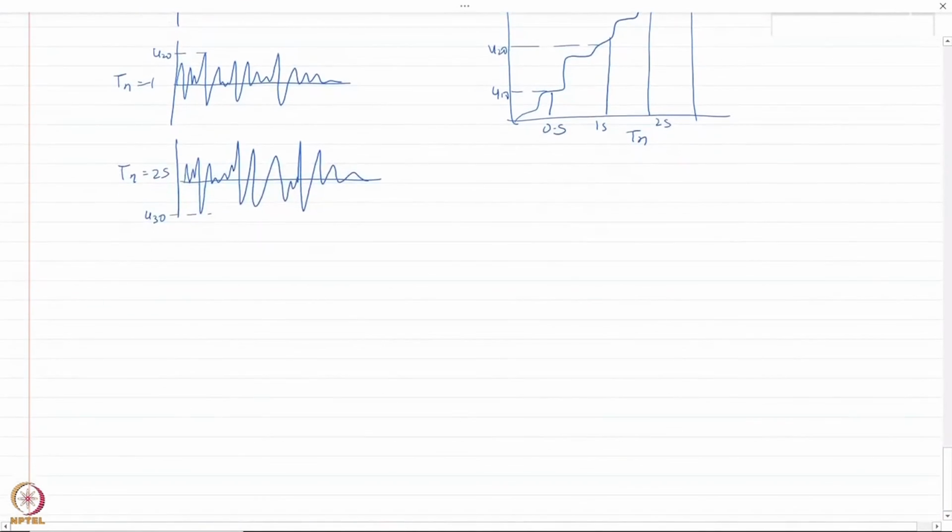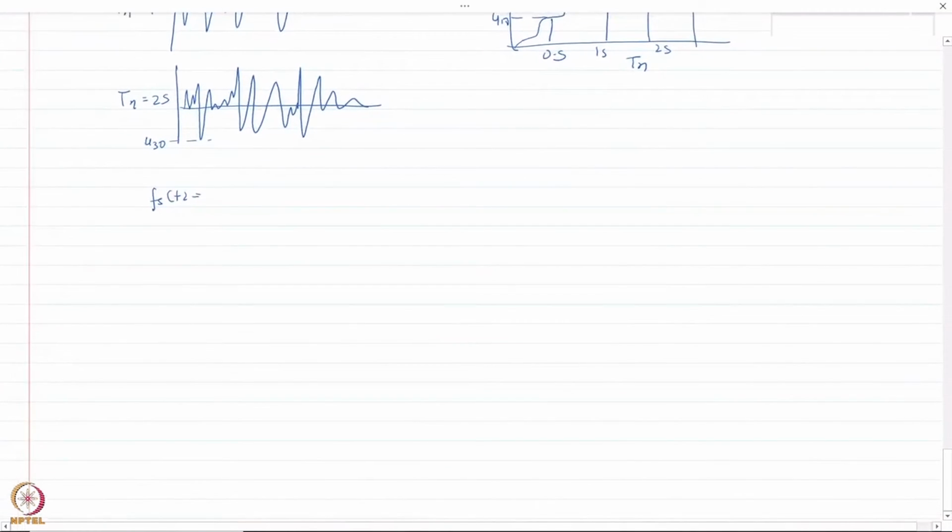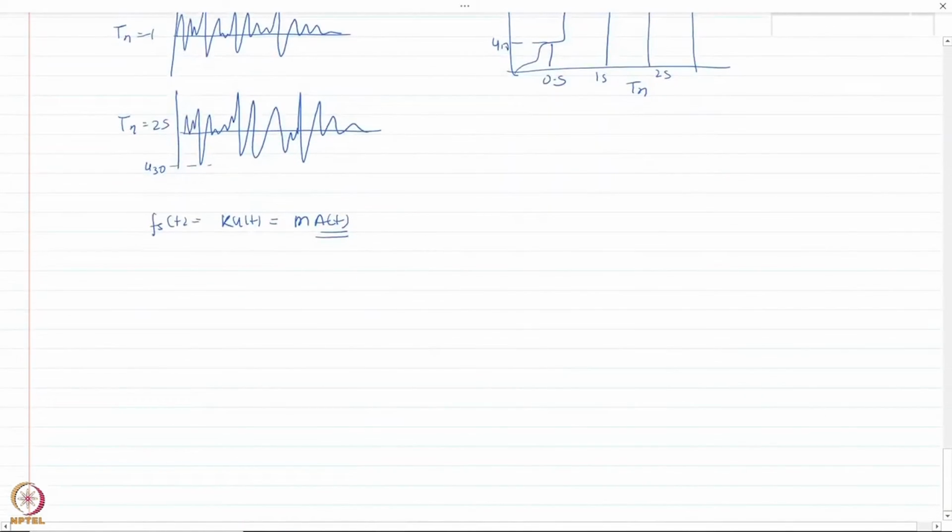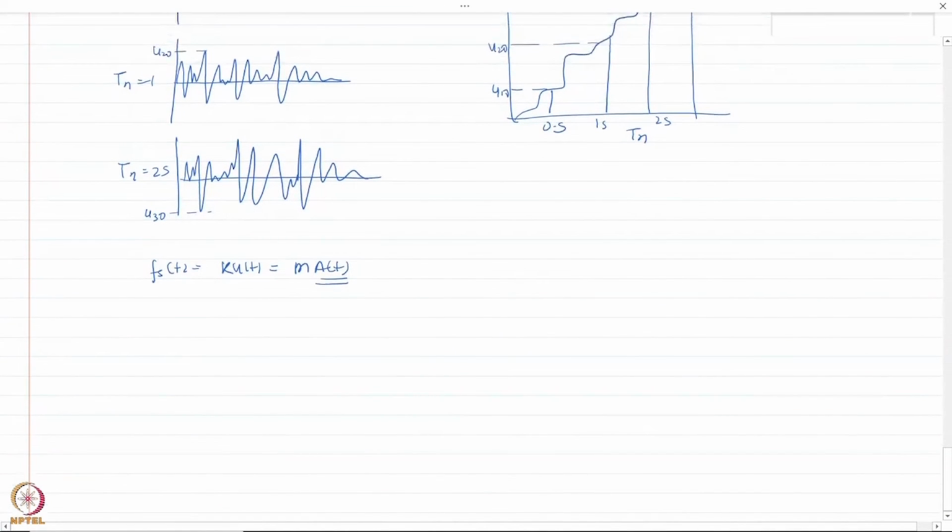However, if you remember, when I wrote down the equivalent static force, it is actually k times the relative displacement, which is equal to mass times pseudo acceleration here. This is not the total acceleration which I have written here. So it would be useful for me to get the response spectrum for pseudo acceleration. Remember, A(t) is related to u(t) by omega n squared times u(t).